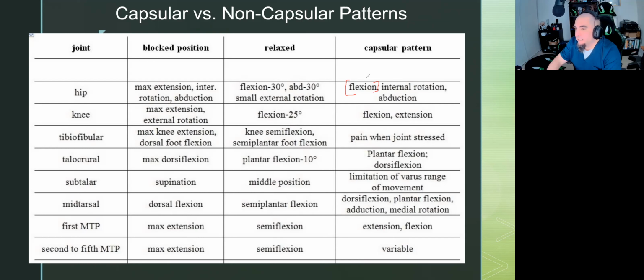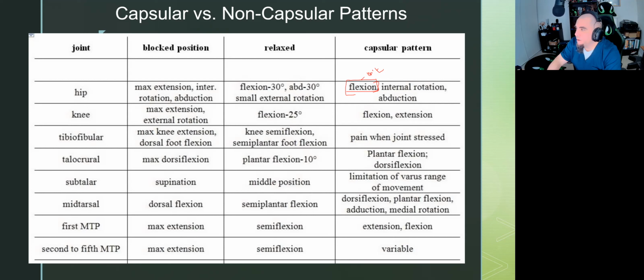So back to what I was saying, if you have a patient that just has flexion problems, that probably isn't a capsular pattern. Now I say probably because it's pretty rare, but it may be a capsular pattern. And we'll only find that out if we're doing exercises with them and stretching and strengthening and we don't get anywhere.